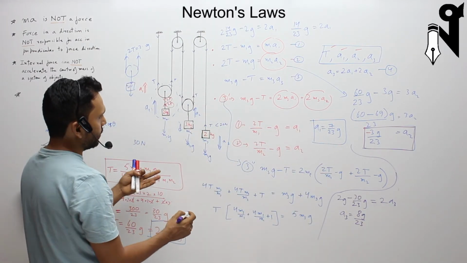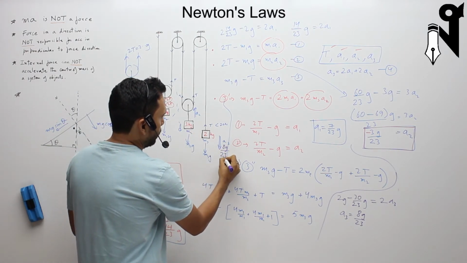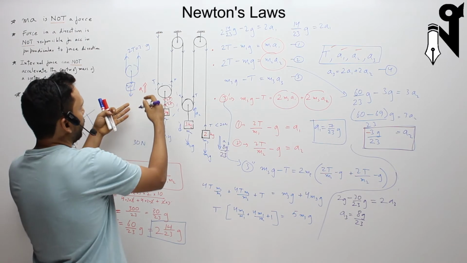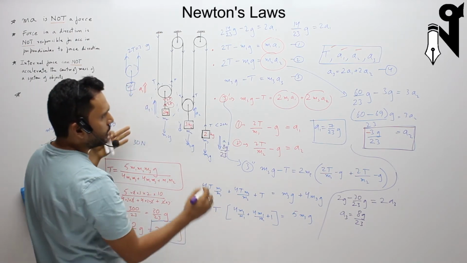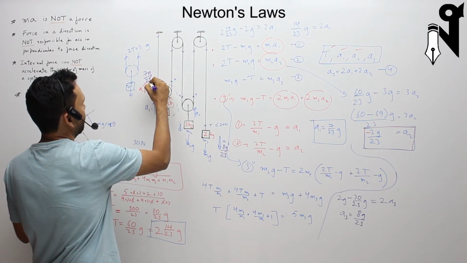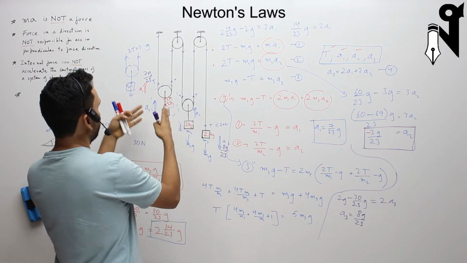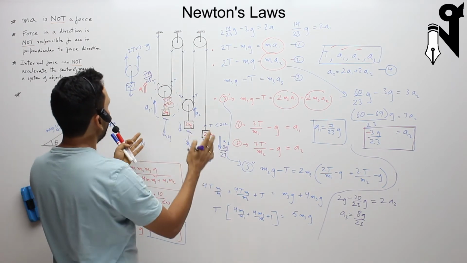So the situation is, this is going down with 8G by 23. This is going up. A1 was 7G by 23. So almost with the same acceleration with which it is going down, it is going up. It is going up with a considerable acceleration.